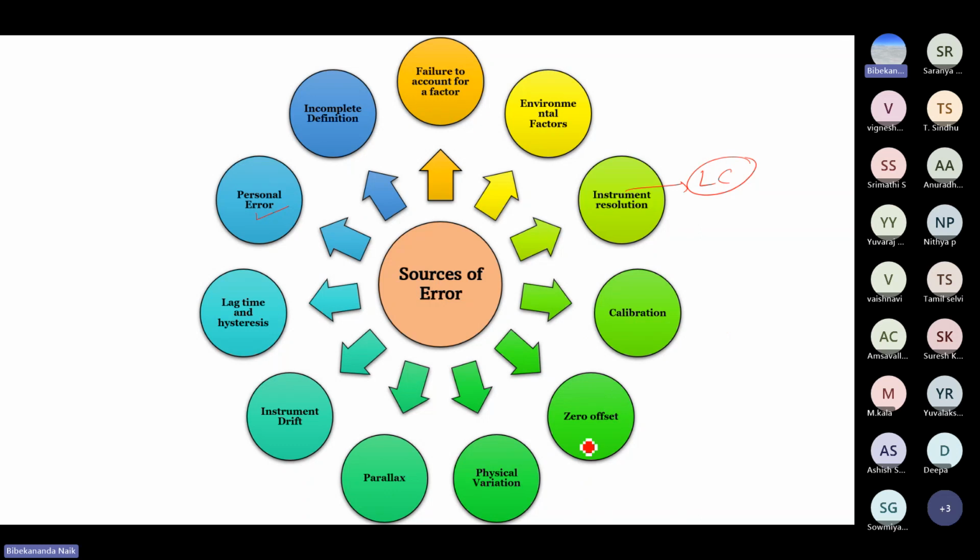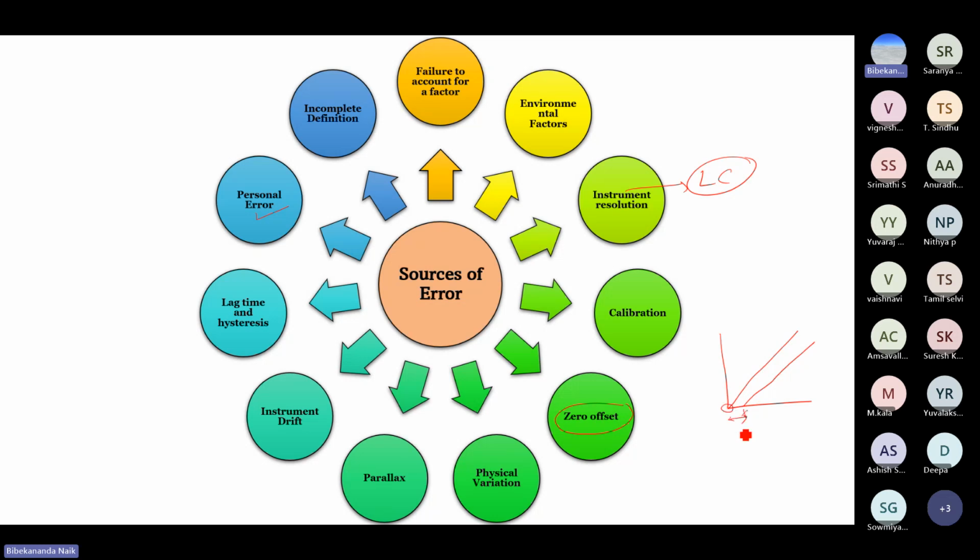And also there is zero offset. Zero offset means all your measurements will have some error throughout your experiment. If you remember, in the last class we talked about the calibration curve. This should be the calibration curve, but we are getting the curve from here. As you can see, here it is 0, but here it is not 0.